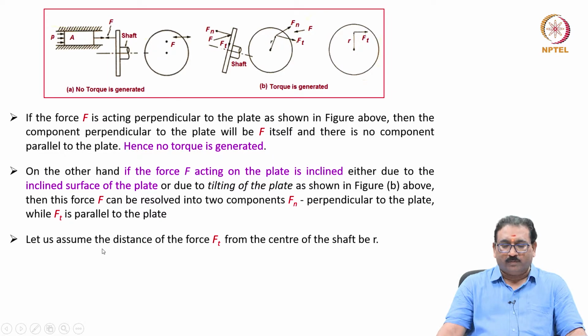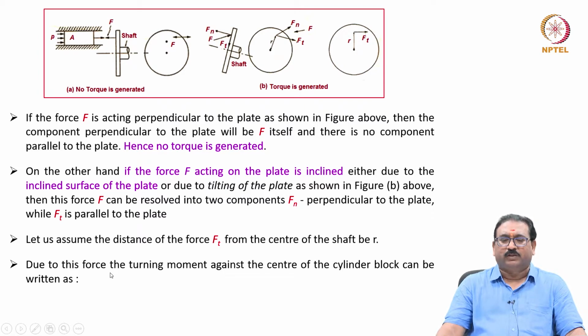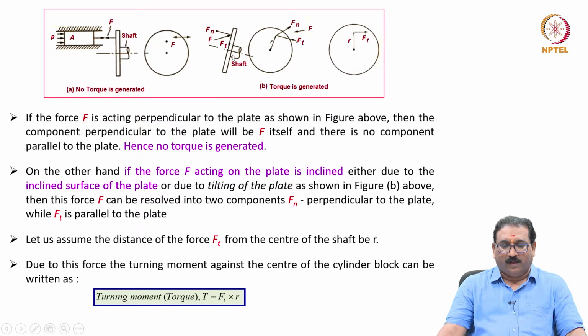Let us assume the distance of the force Ft from the center of the shaft is small r. Due to this force, the turning moment about the center of the cylinder block, the torque T, equals Ft into the distance r.